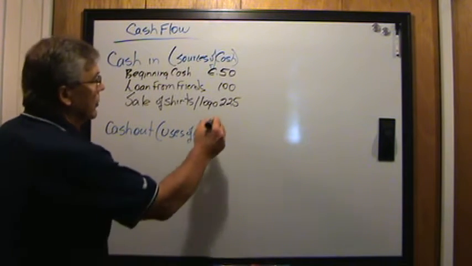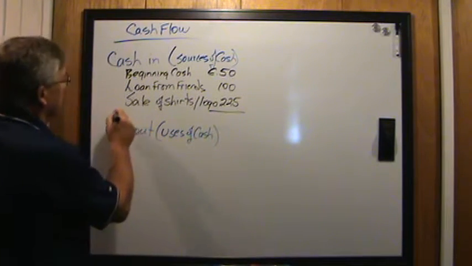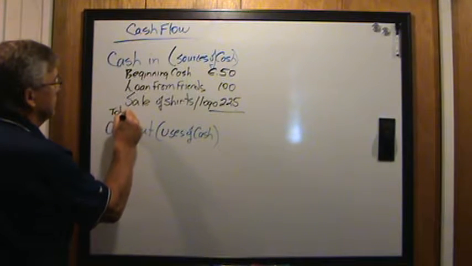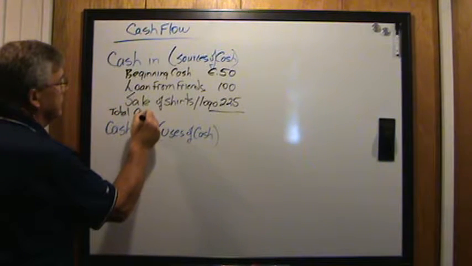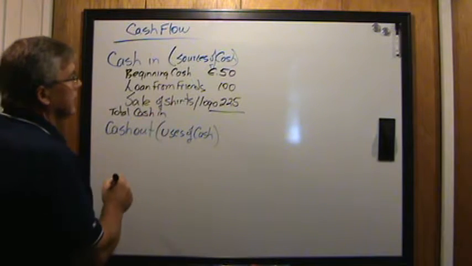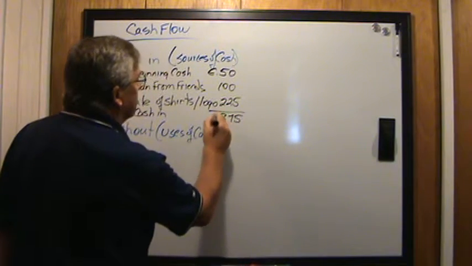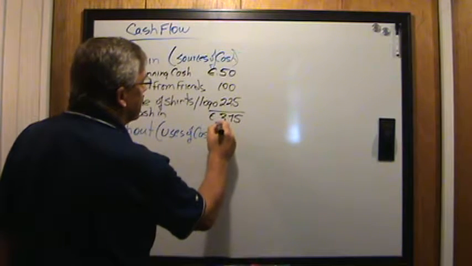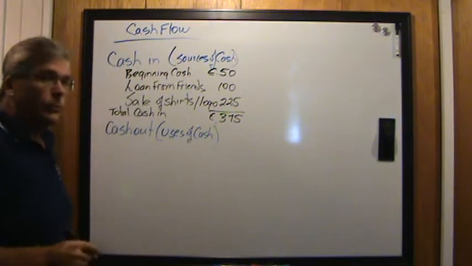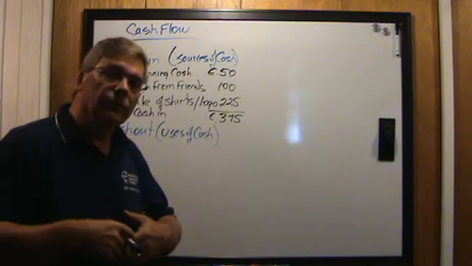So we can now total this. Total cash in is 375 euros. All right. Now let's look at the cash that goes out of the business.